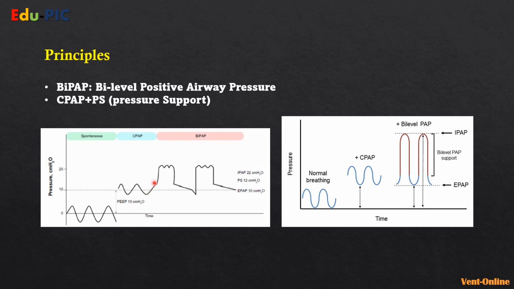So if your oxygenation is not brilliant and if your CO2 is not brilliant, then maybe adding that would improve things. So basically, this is what is expected from BiPAP.